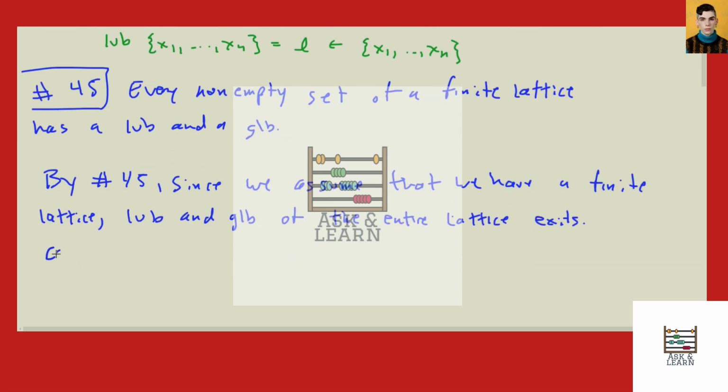So call the greatest lower bound of x1 up to xn g, and the least upper bound of x1 up to xn L.